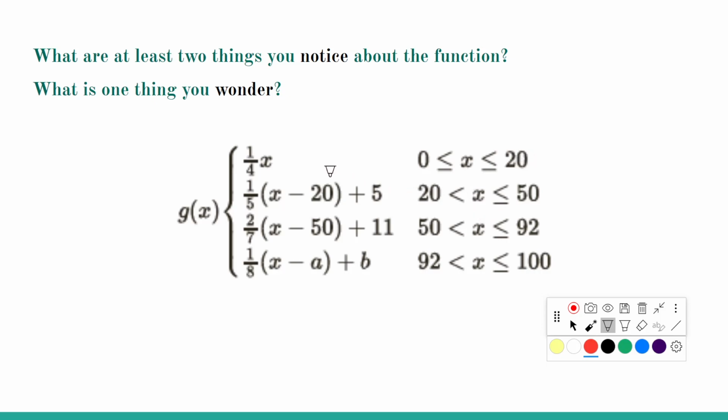You might notice that the x value that starts the interval is the x value used in our point-slope form. You might be wondering how we could find the value for a and b. You might be wondering what these slopes are going to be like.